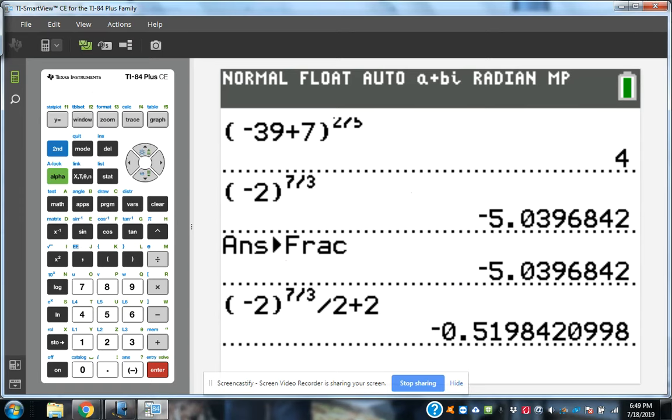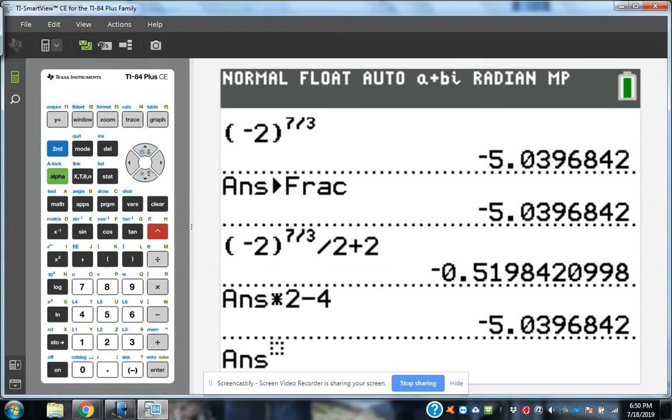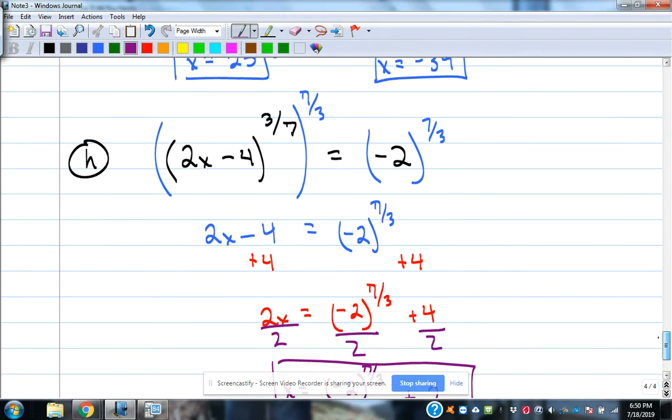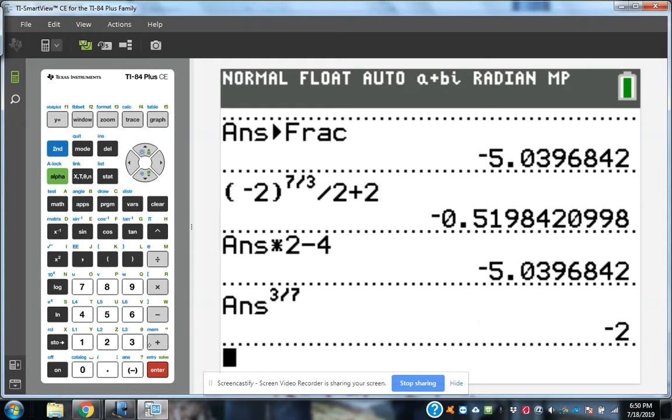So I'm going to say that answer times 2 minus 4, and then that raised to the 3/7. The original was 3/7. And I got negative 2 back, which is what the other side had on it at the beginning. So that checks out.